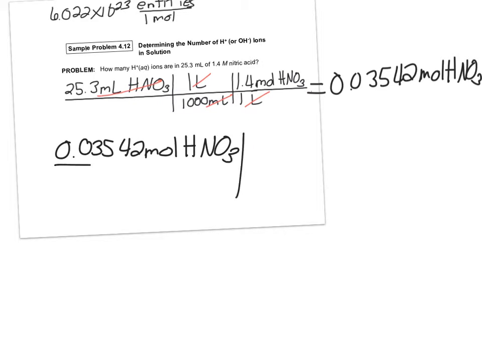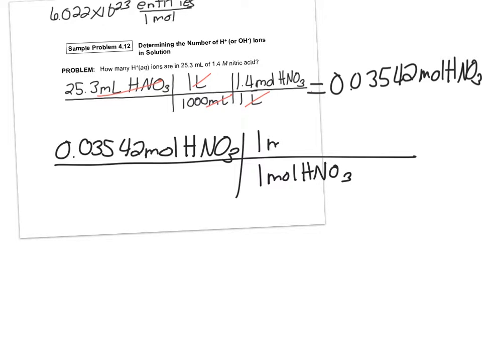And I've got to ask myself, what conversion factor can get me from moles of nitric acid to just moles of hydrogen? There it is, right? The molecular formula. It tells me for every 1 mole of HNO3, I have 1 hydrogen there, right? That's what the formula tells me. So 1 mole HNO3, I got 1 mole of H plus.